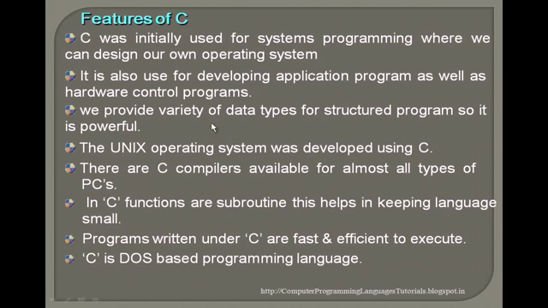In C, we provide a variety of data types for structured programming, so it is powerful. What is meant by data or data types, we will discuss in detail. We will see this concept in detail further.